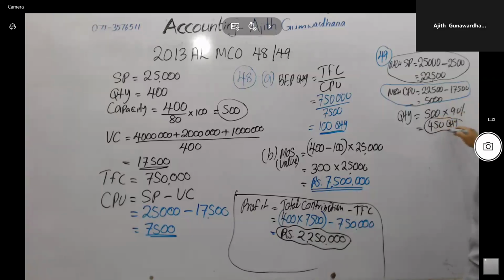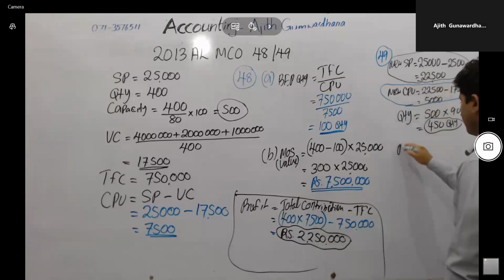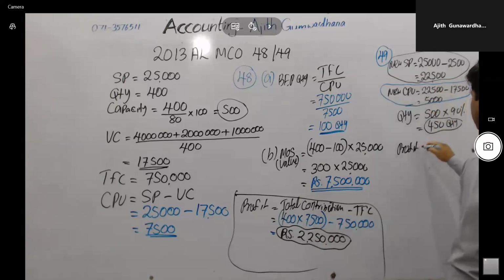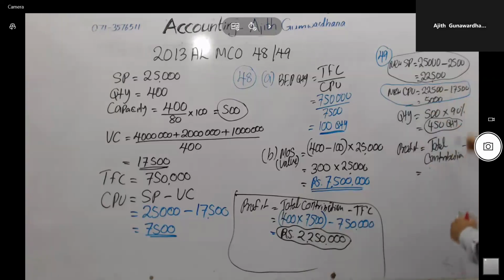Therefore, now try to calculate profit after the reduced selling price. Profit is easy to calculate: total contribution minus total fixed cost. Now sales quantity equals 450, and contribution per unit equals 5,000 after the reduced selling price.